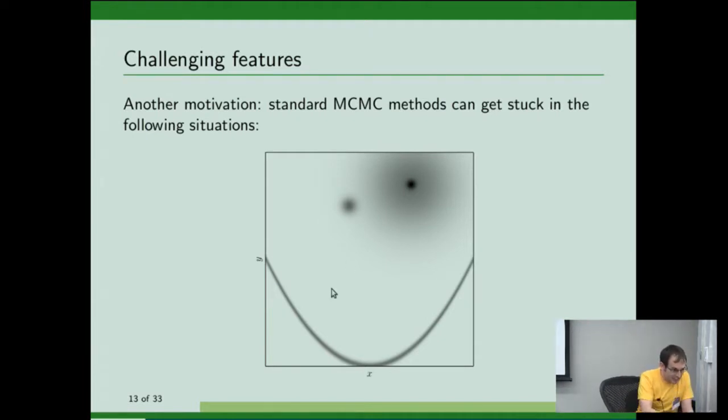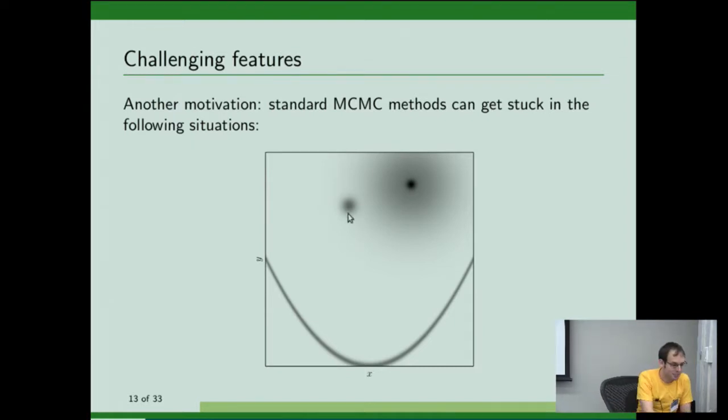Another difficulty is multiple modes. Just like optimization methods get trapped in local minima, so does MCMC get trapped in local maxima. So if you're exploring this mode here, in principle you want to be able to jump across this valley and explore here and jump back so that you can quantify the amount of probability in these 2 modes.